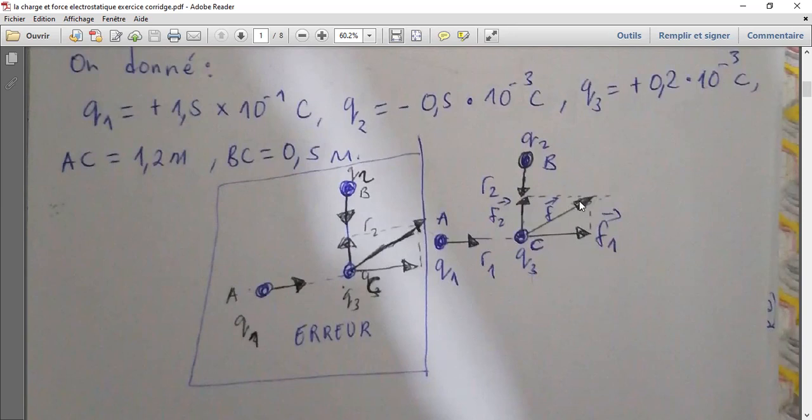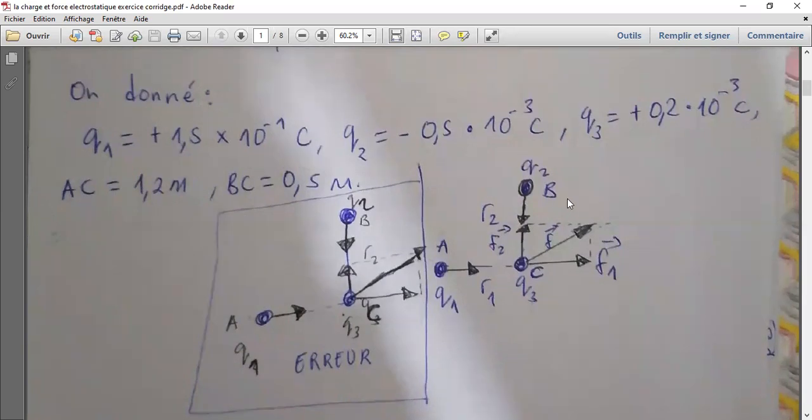This is the force which they want us to calculate. I don't know if it's clear until there. Is it clear? If there's any question, if it's not clear, you can stop me.